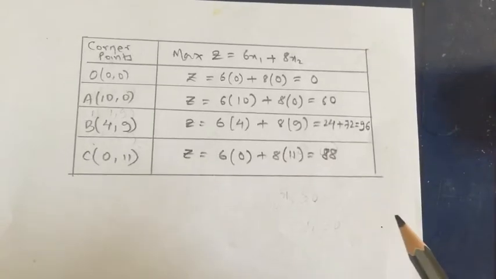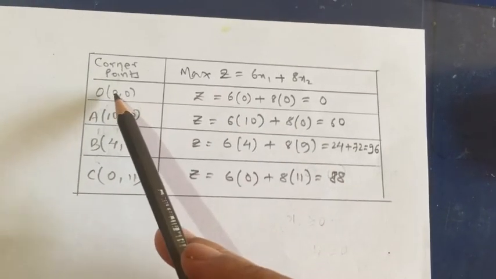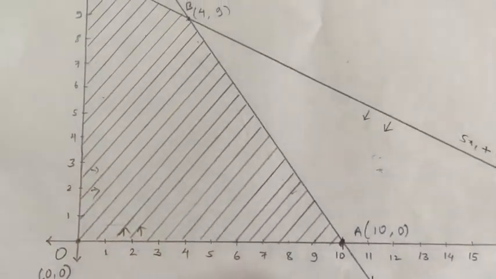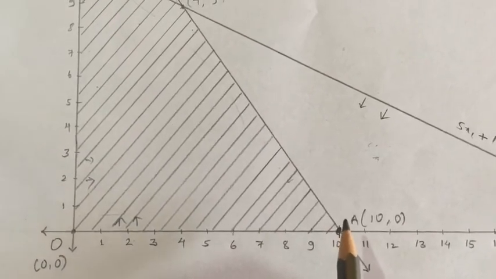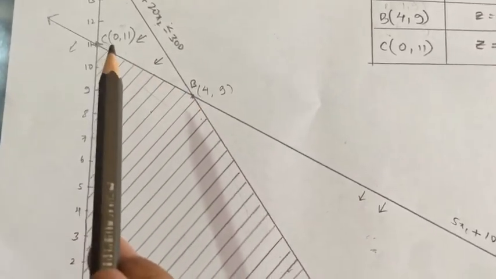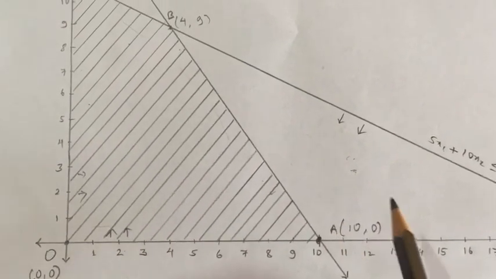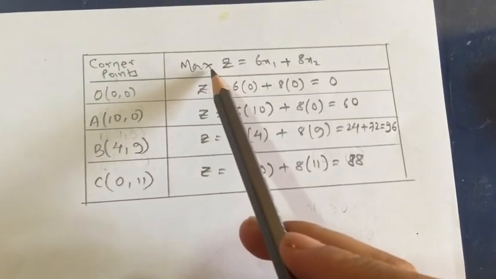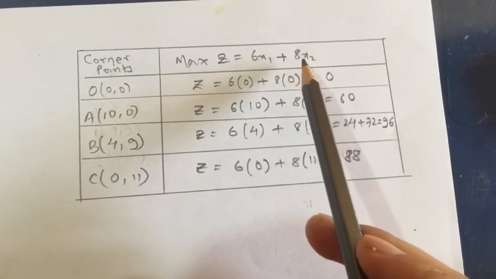So here I made the final table for corner points. We have 4 corner points in the graph: O, A, B and C, and the coordinates we can easily find from the graph. Our objective function is maximize z equals 6x1 plus 8x2.